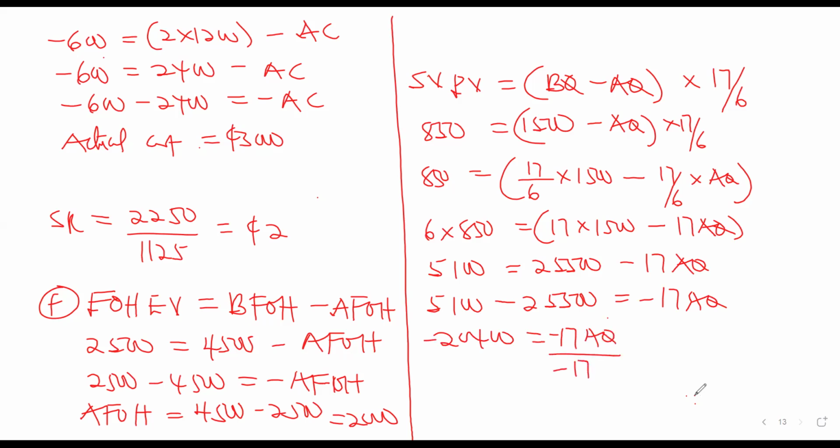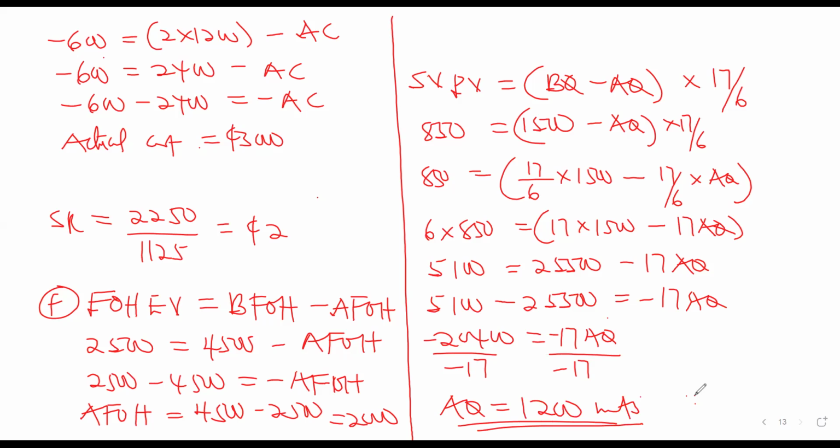So AQ is equal to 1,200. They have to give you the same figure, so you can use that one too. I don't have a problem with that.